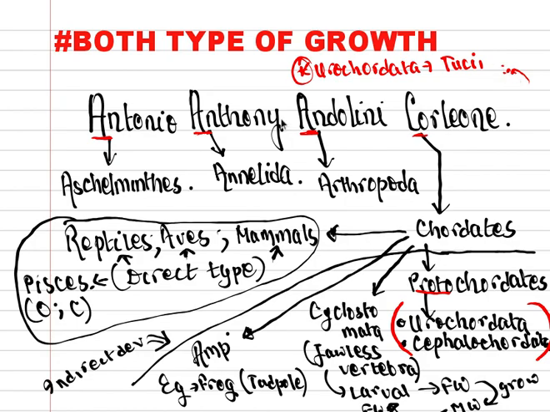The rubber is not selecting it. Wait a minute, please. Tunicin layer, so it is called tunicata. This was protochordata. Cephalochordata is also protochordata.